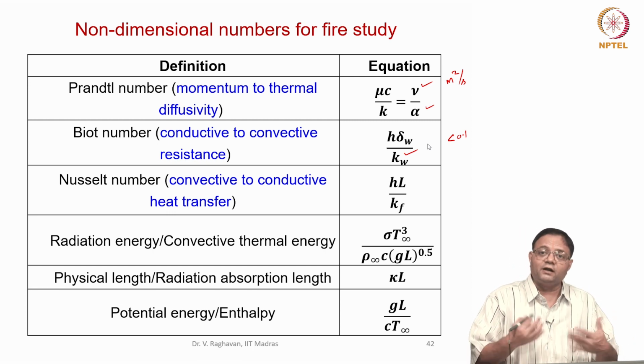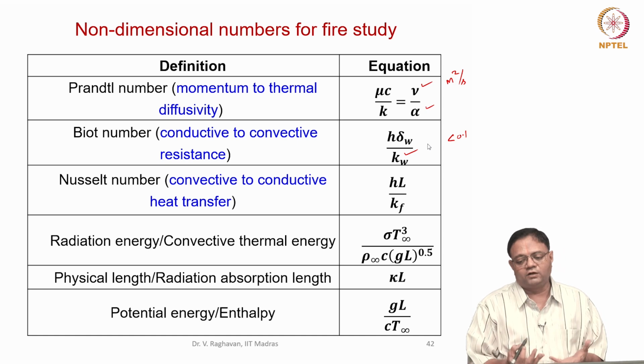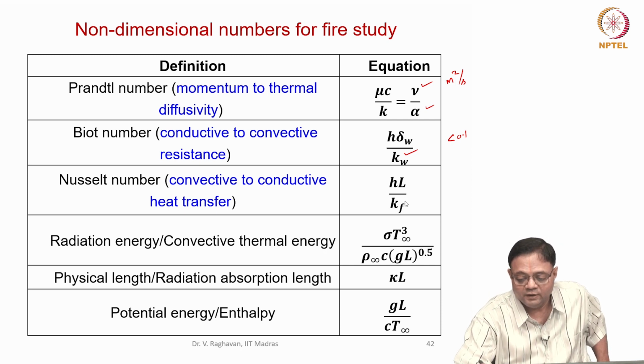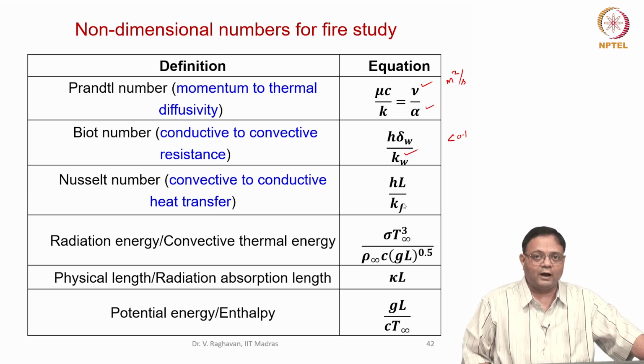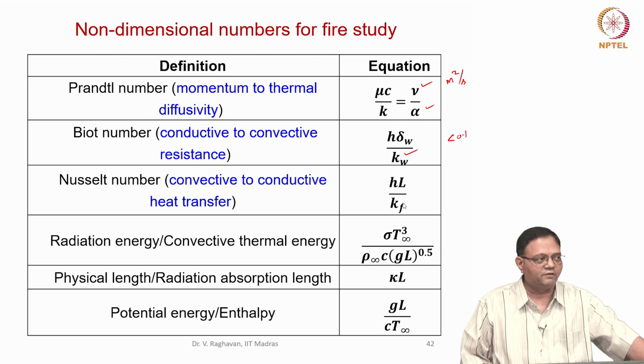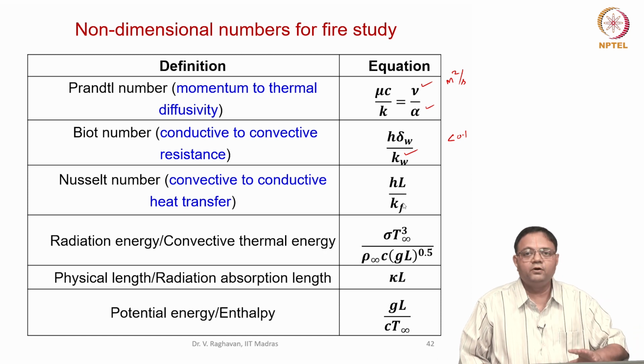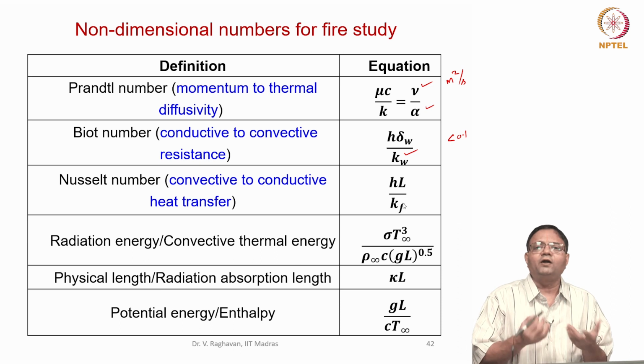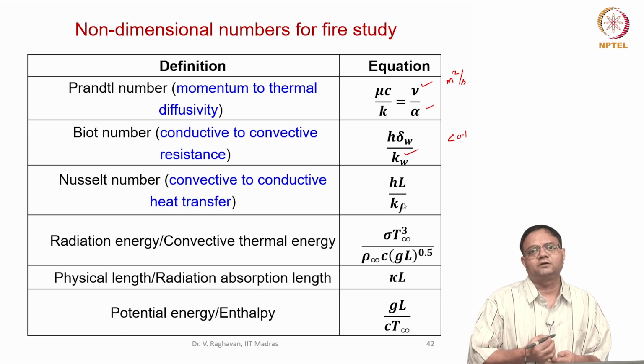But Nusselt number says how fast the heat transfer occurs due to convection relative to conduction. That means we say that is surface. I don't worry about what is happening inside the surface. That is surface temperature. That is a fluid which is present. Basically, it is flowing. So it has a heat transfer coefficient and it has a thermal conductivity, fluid thermal conductivity. What is dominating? Convection is dominating or conduction is dominating?